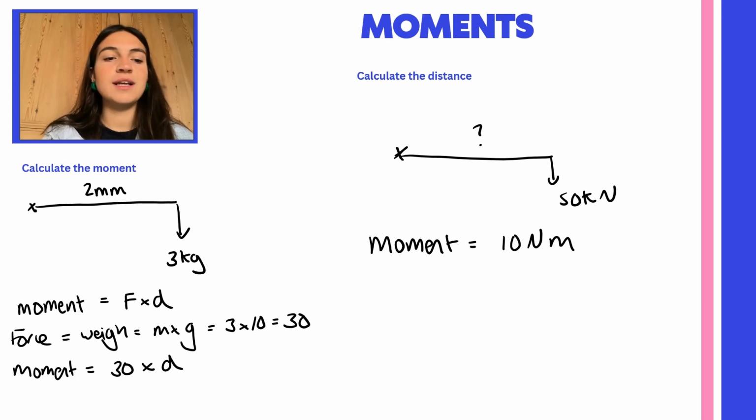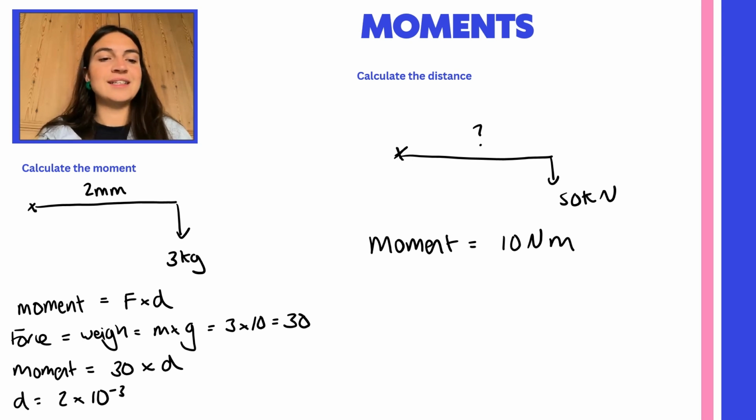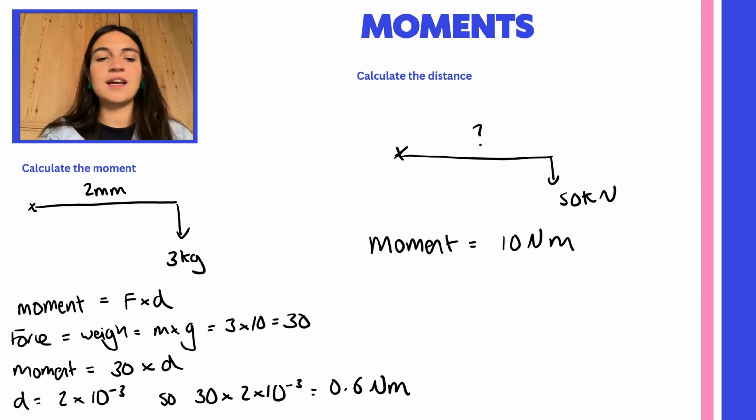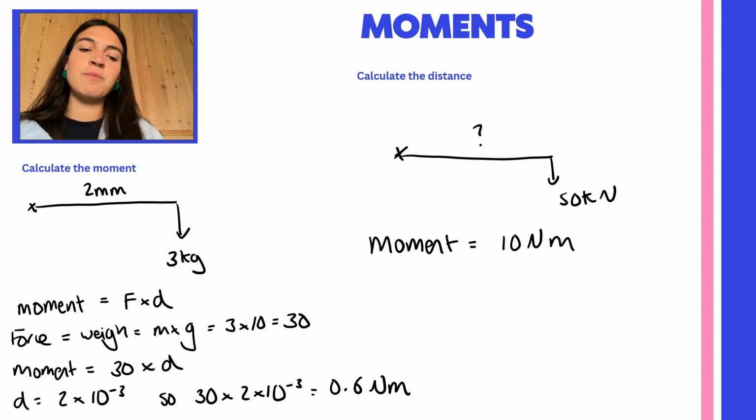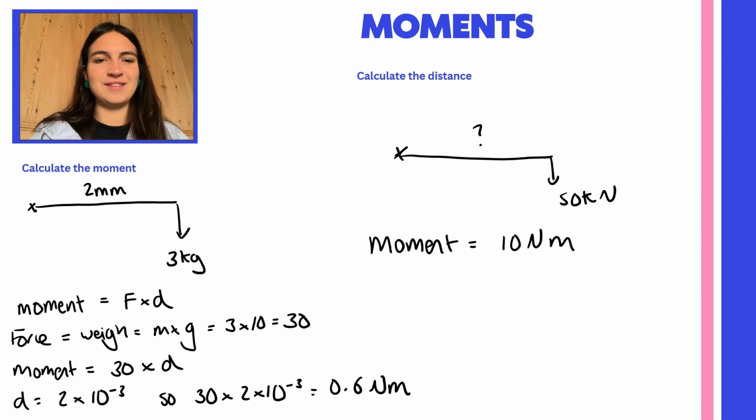So the moment is that force times the distance, and my distance is currently in millimeters, so I need to divide it by 1,000 to get it into meters, so that's 2 times 10 to the minus 3. Then I can multiply them together. 30 times 2 times 10 to the minus 3 is 0.6, and then my units are Newton meters, because you are multiplying a force in newtons times a distance in meters.